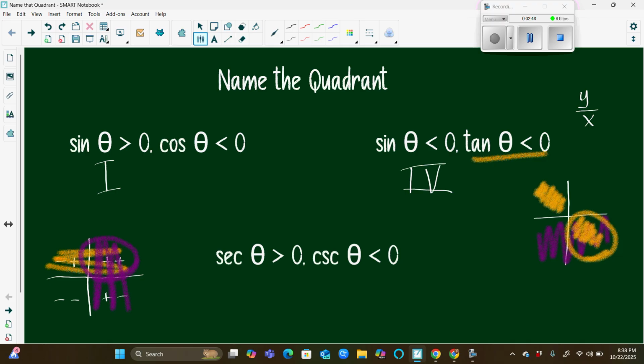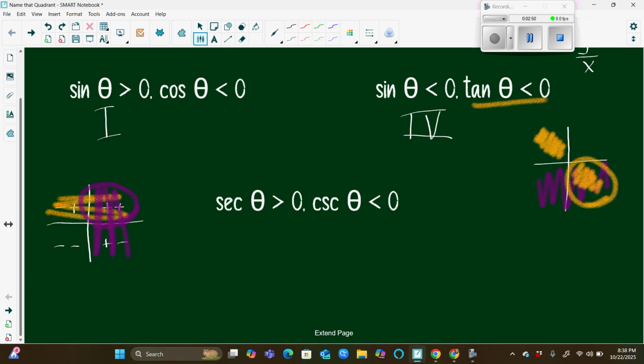Next we have secant theta is greater than 0, and cosecant theta is less than 0. A lot of times what I like to do is think about secant and cosecant in terms of sine and cosine. So secant is the reciprocal of cosine. If secant theta is greater than 0, that means cosine theta is going to be greater than 0.